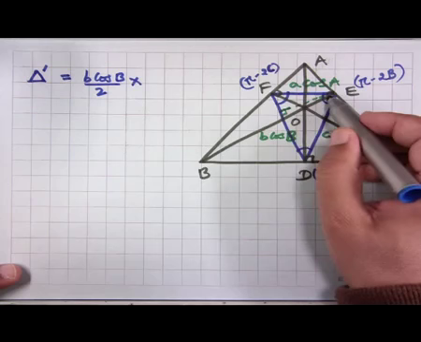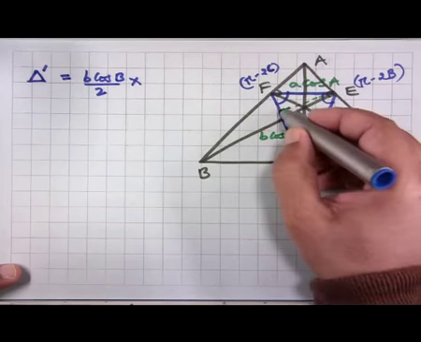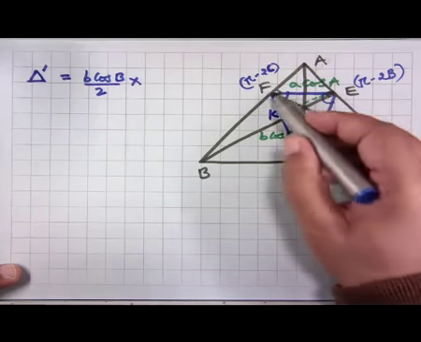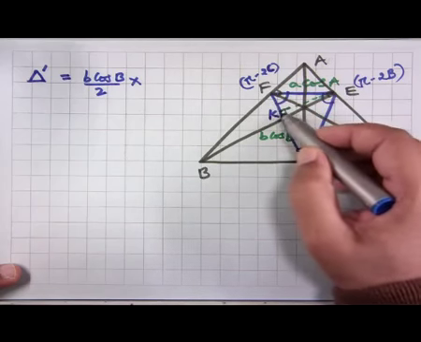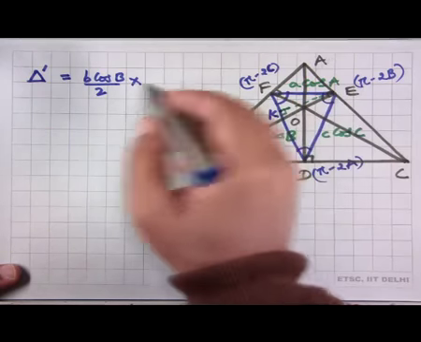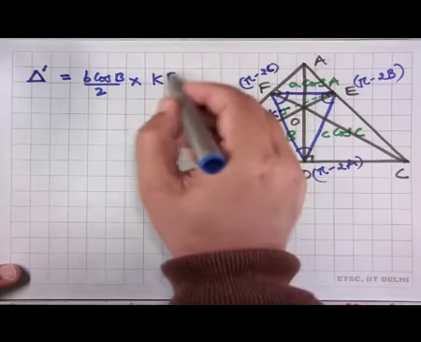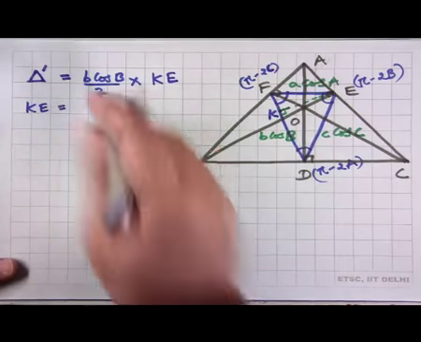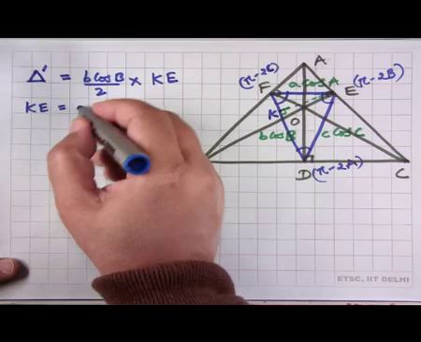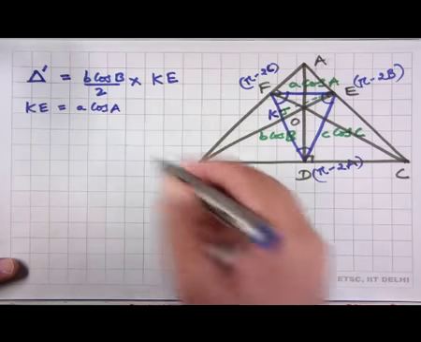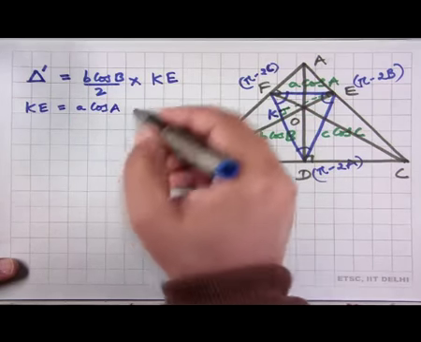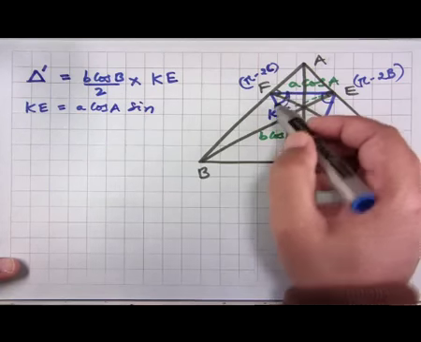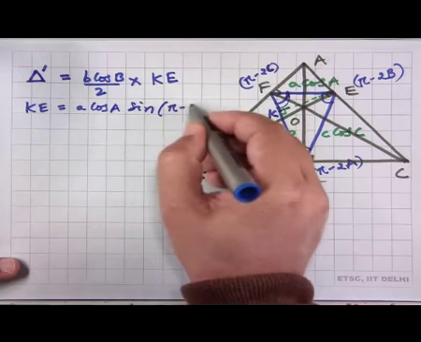But this perpendicular in the green dotted line is nothing but, so let us say that this point is K. So, this triangle KEF is a right angle triangle, and therefore the length KE will be equal to the hypotenuse length, which is a cos A, times the sine of this angle. This angle is pi minus 2C.